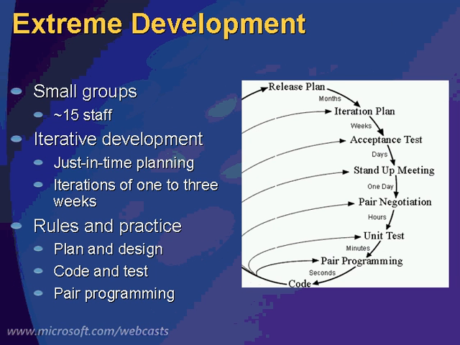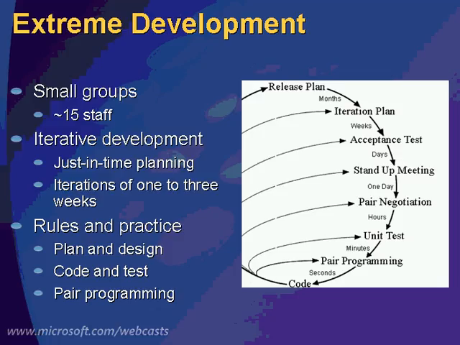Another flavor of this is extreme development, where you work in very small groups, again using a lot of the agile techniques for very iterative development, just-in-time planning, and so forth. And then in the implementation, you do a lot of pair programming, where you have two people at one keyboard. The notion here is that in one workday, they'll actually produce more than two separate folks at their own keyboards.